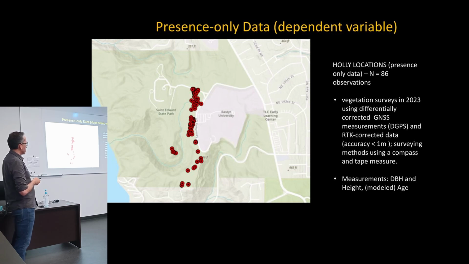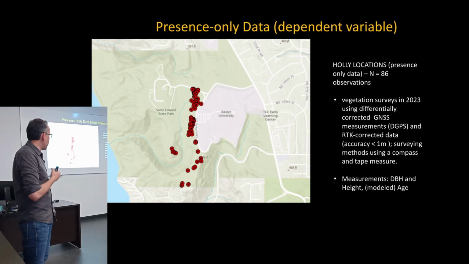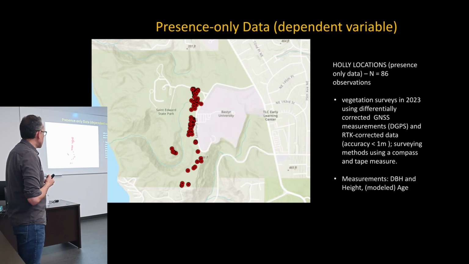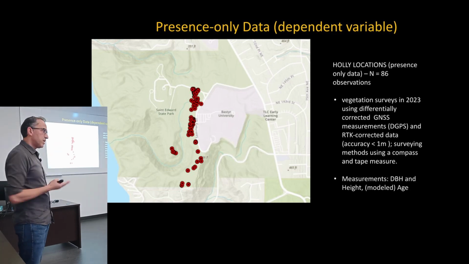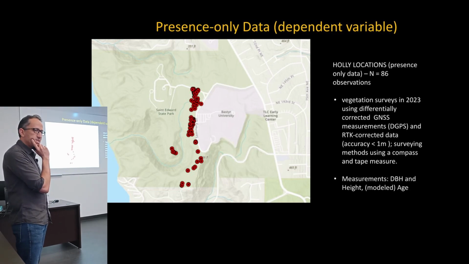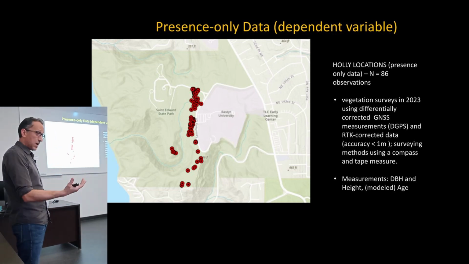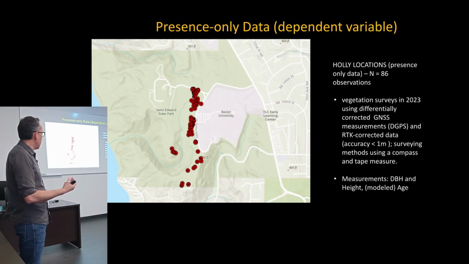We did these vegetation surveys in 2023 using different types of measurements, GPS measurements and also GNSS measurements. I don't know if you're familiar with global navigation satellite systems, or GPS, but they don't have great accuracy if you don't apply some kind of post-processing technique to fix the errors associated with those measurements.